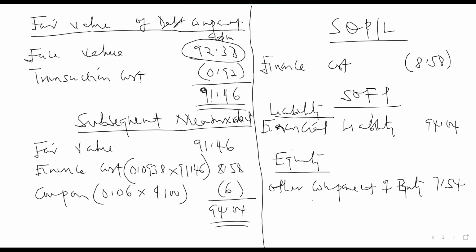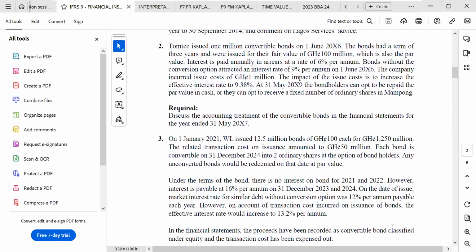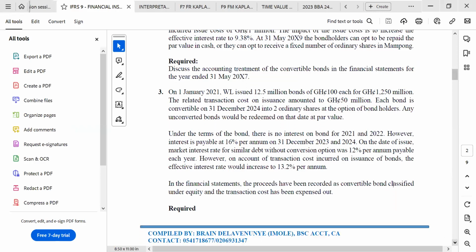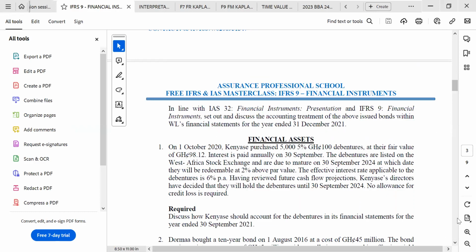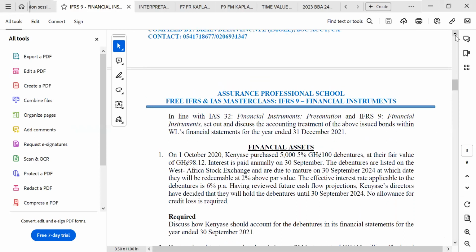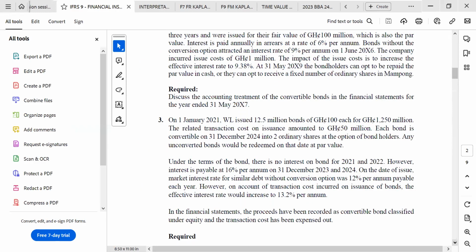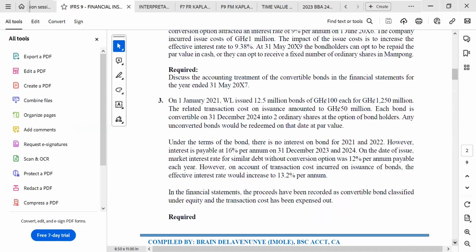Okay. So let's take example 3. On January 1st, 2021, WL issued 12.5 million bonds of 100 cedis each for 1.25 million.